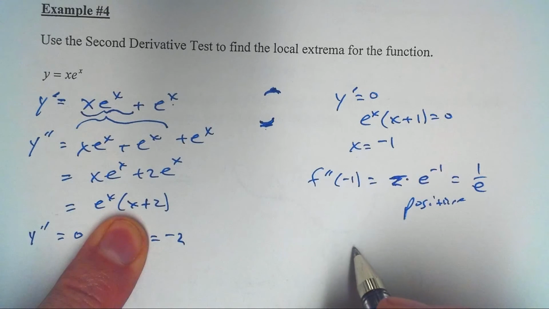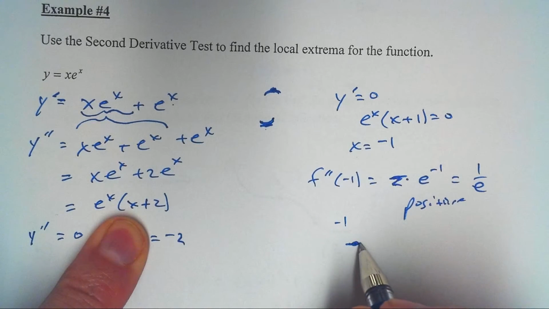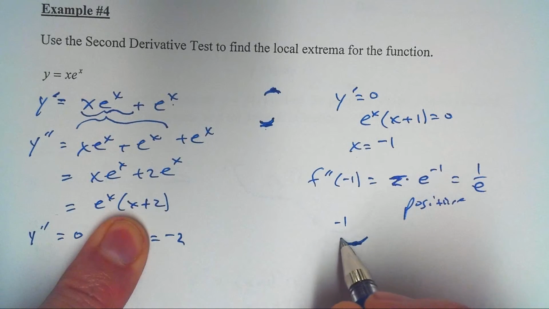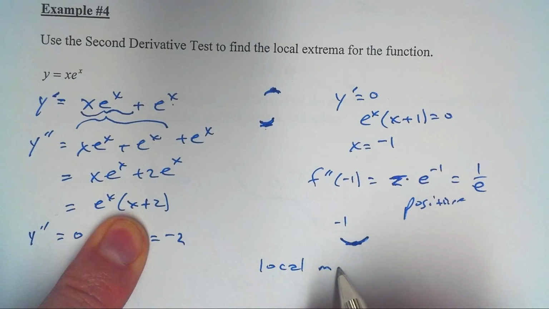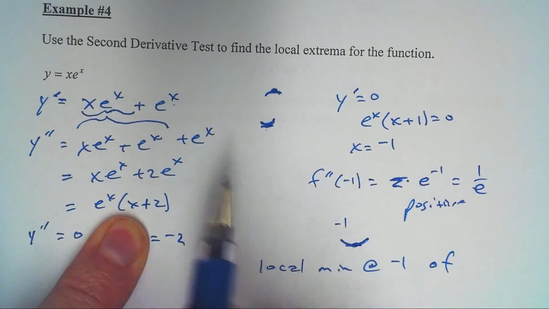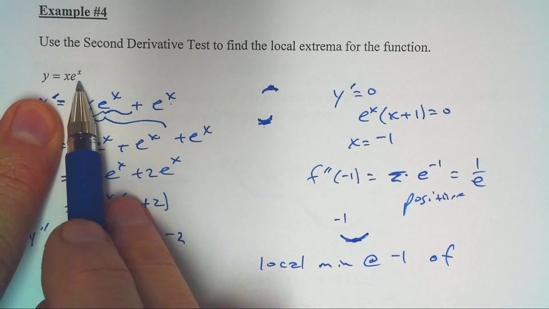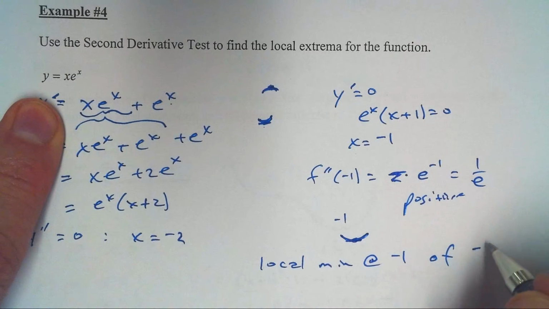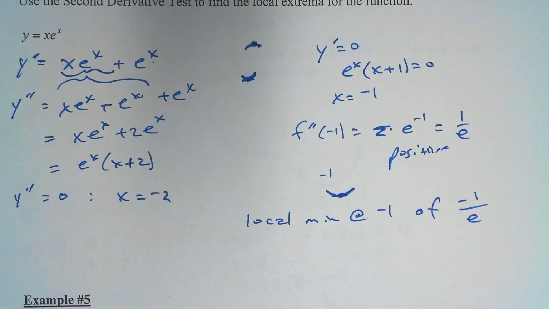So at -1, the slope is 0, and the cupping is up. Therefore, we have a local minimum at -1 of, if I put -1 in here, I get -1 e to the -1st, or -1 on e to the 1st. Okay, hope that made sense.